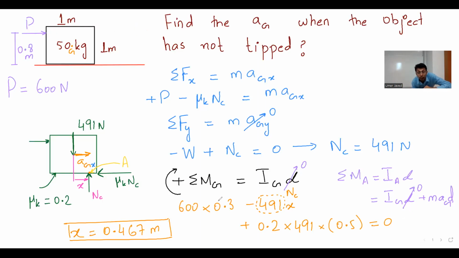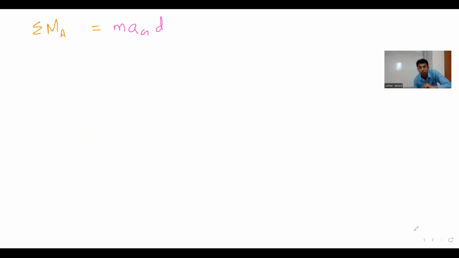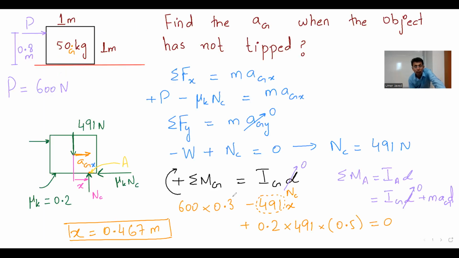So since you are not doing it, I will do it. Now you will have 600 into 0.8 clockwise. And why am I doing clockwise as positive?